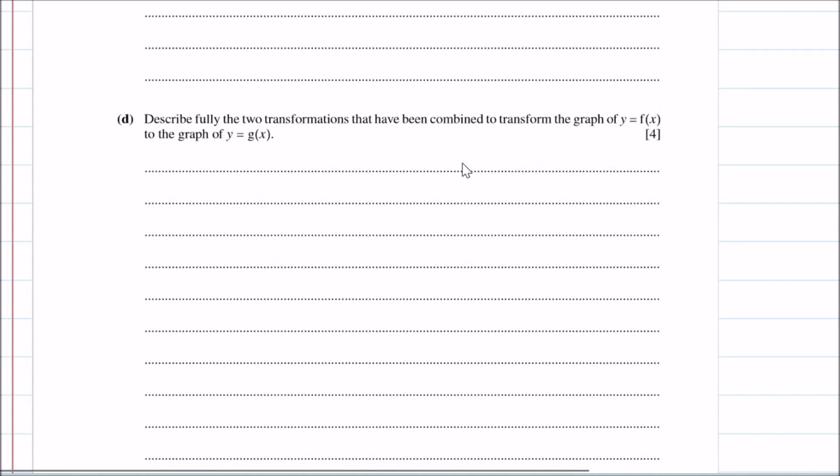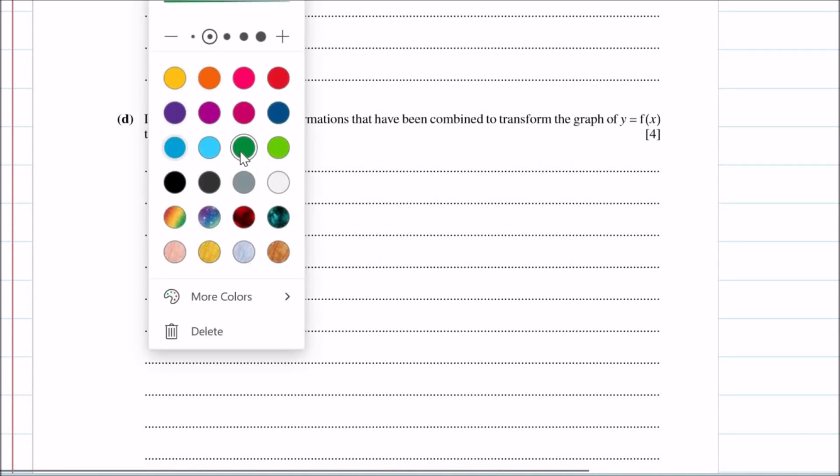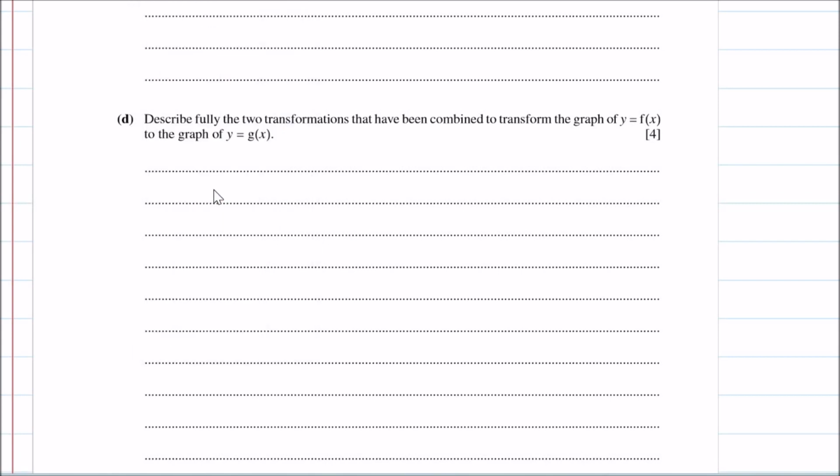So we'll write like this. Here, when you're writing translation, we need to write the vector. So translation by column vector -3, 0. There is just horizontal shift, no vertical translation or vertical shift.